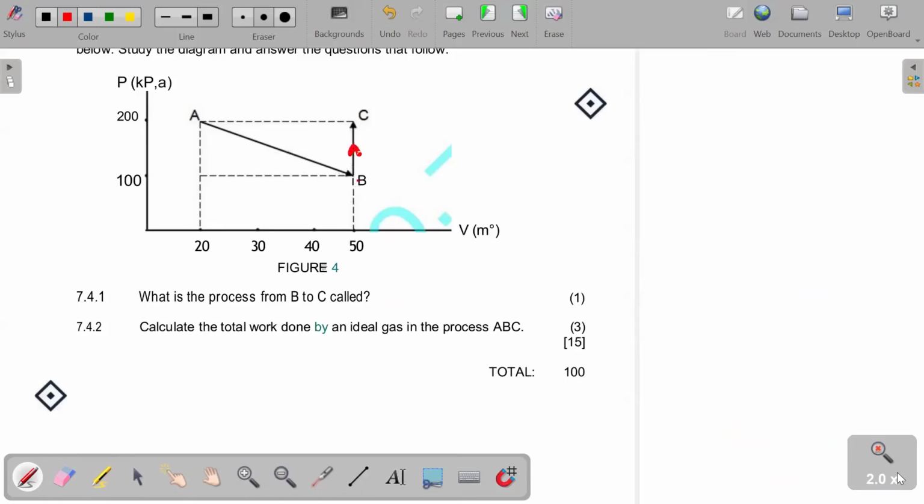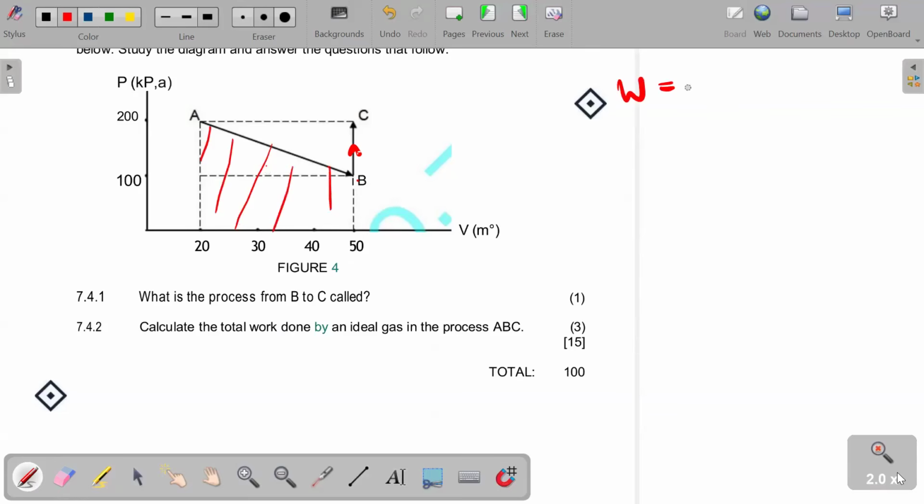That's 7.4.1. 7.4.2: calculate the total work done by an ideal gas in the process A, B, C. It might interest us to know that work done is equal to the area under the graph. Looking at the shape under the graph, this is a rectangle together with a triangle.